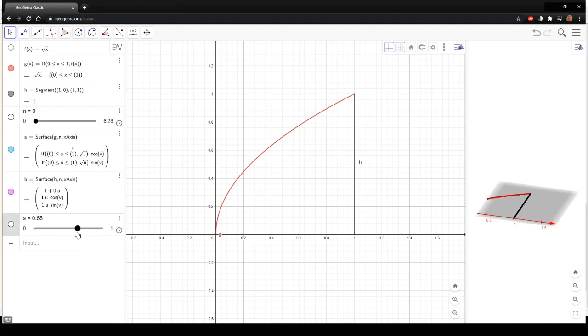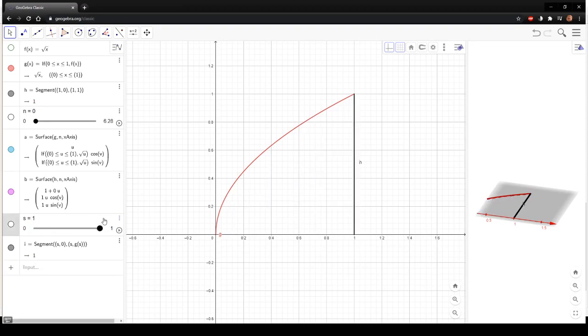Okay? So this represents the value of x where we are going to take the slice. Now let us construct a segment extending from the bottom of the slice to the top of the slice. So from s, 0 up to s, what is this called? It's called g. So s comma g of s.